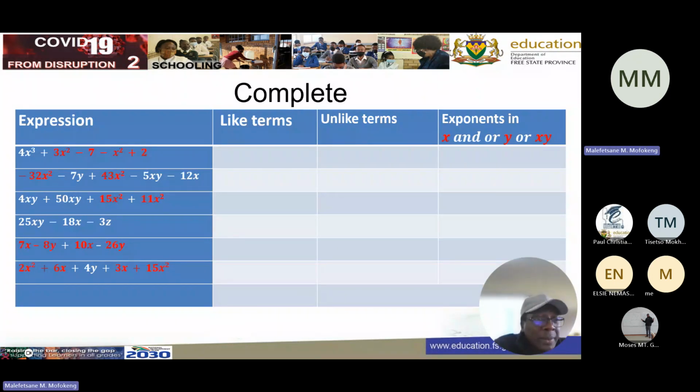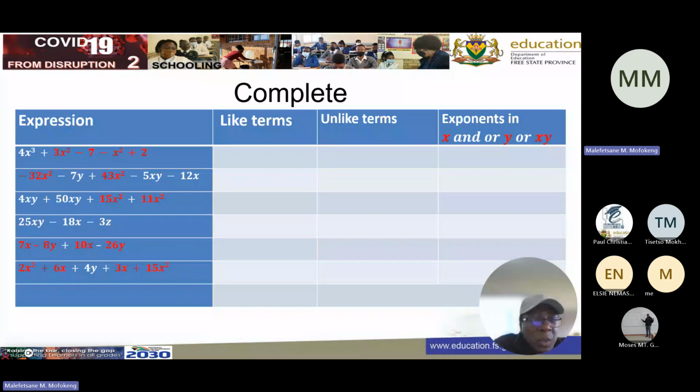The last one: 20x squared plus 6 plus 4y plus 3x plus 15x squared. Then 20x squared and 15x squared are like terms. And 6 and 3x are also like terms. They must be written in the like terms column.